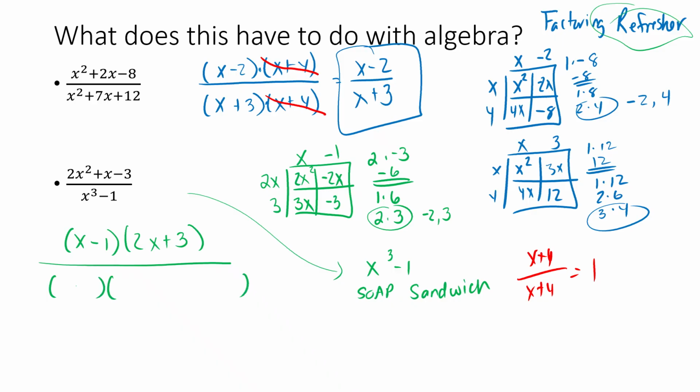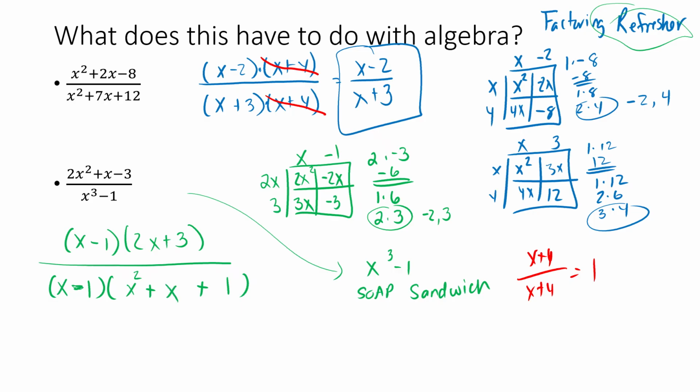SOAP stands for same, opposite, always positive. And x to the third power is x cubed. 1 to the third power is 1. And then we're going to square it, and smush it together.